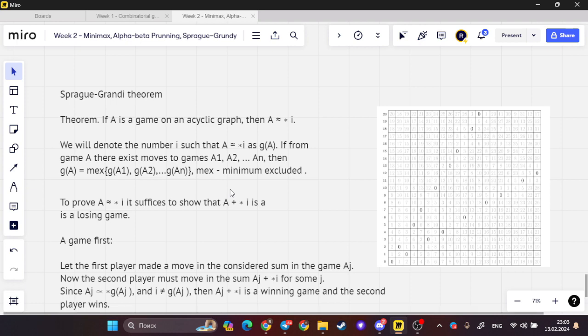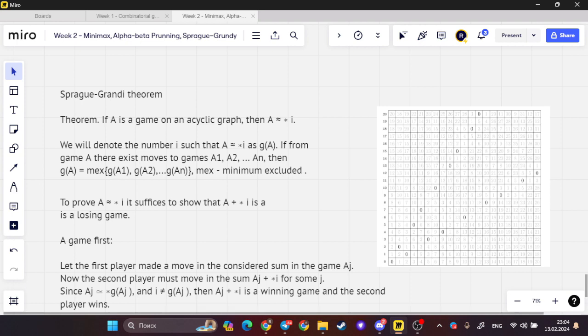If from game A there exist moves to games A1 and so on up to An, then if we take the minimum excluded function of all the game states we can move to, we get the nim number for the current game.